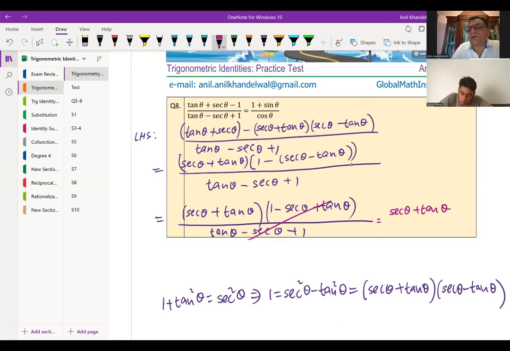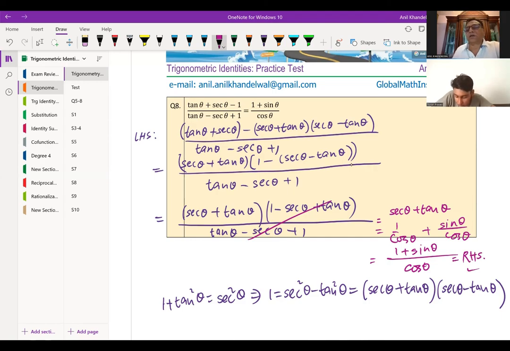What is that? Secant is 1 over cos theta, tan is sine over cos theta, right? Cos theta is the common denominator. And we get 1 plus sine theta in the numerator, which is the right-hand side. So that is how we are going to solve this particular identity very efficiently. Otherwise, this is a very difficult question. So in this question, if you write down tan and secant in terms of sine and cosine, it would be a very lengthy solution.